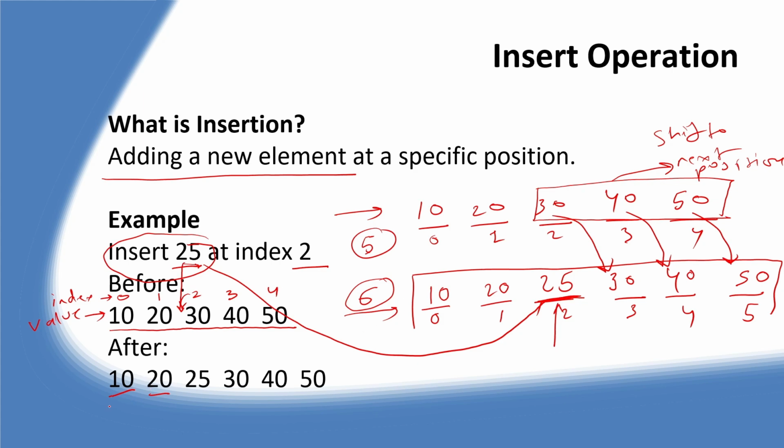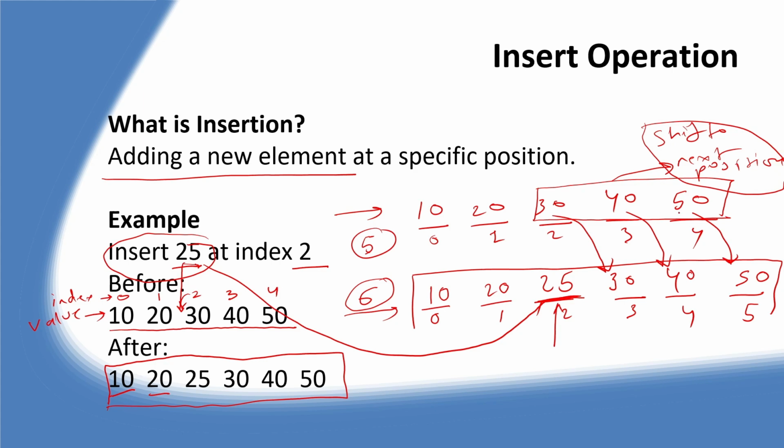So that was our requirement. See the output. So that's how the insert operation happens. Whatever index we want to insert at, from that position to the end of the array, all values get shifted to the next position.